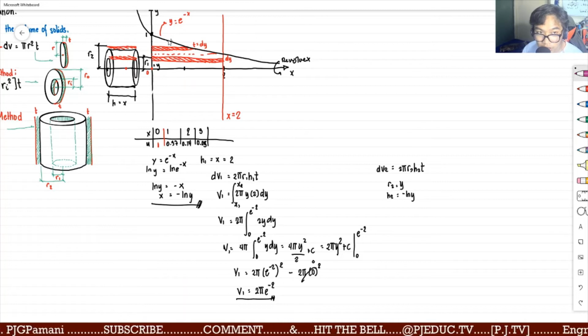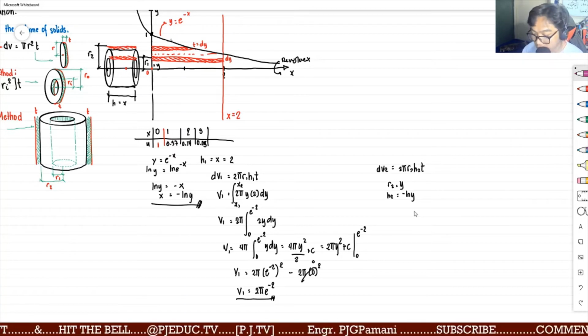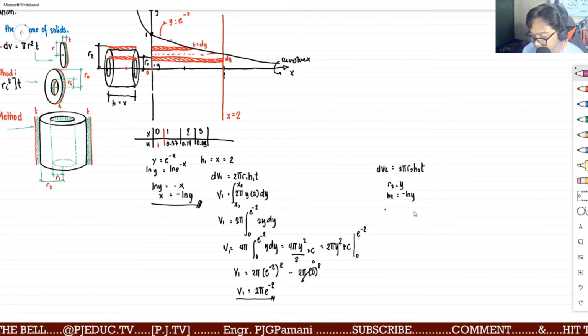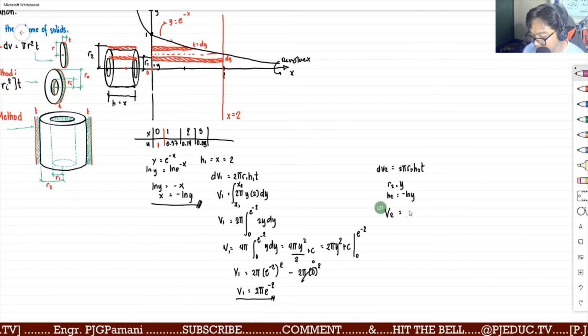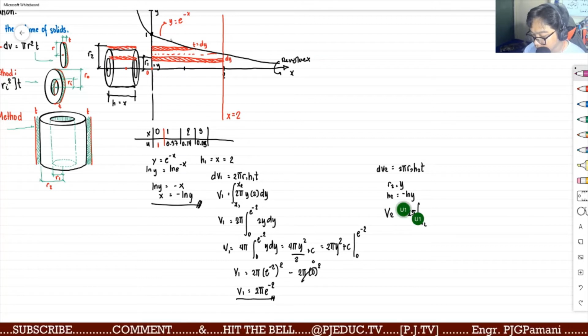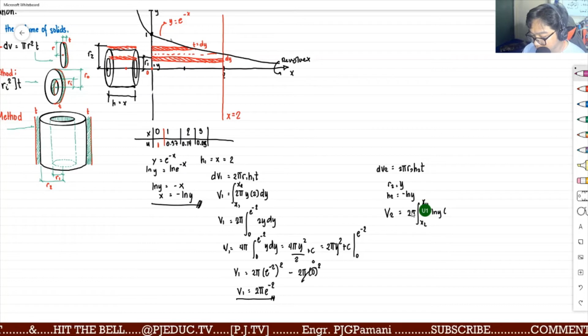Now, our h is already touching the exponential curve, which is now negative ln y. Let's substitute. That is V2 equal to 2 pi, upper and lower limit, then negative ln y times y dy.